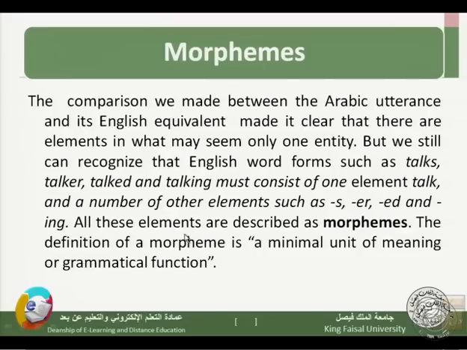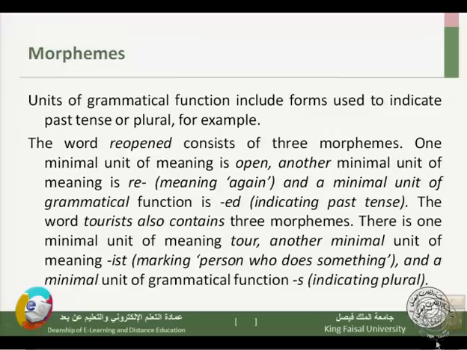All these elements are described as morphemes. So the definition of a morpheme is the minimal unit, the smallest unit of meaning or grammatical function. Any element that we pronounce and has a meaning, or has a function, a grammatical role.